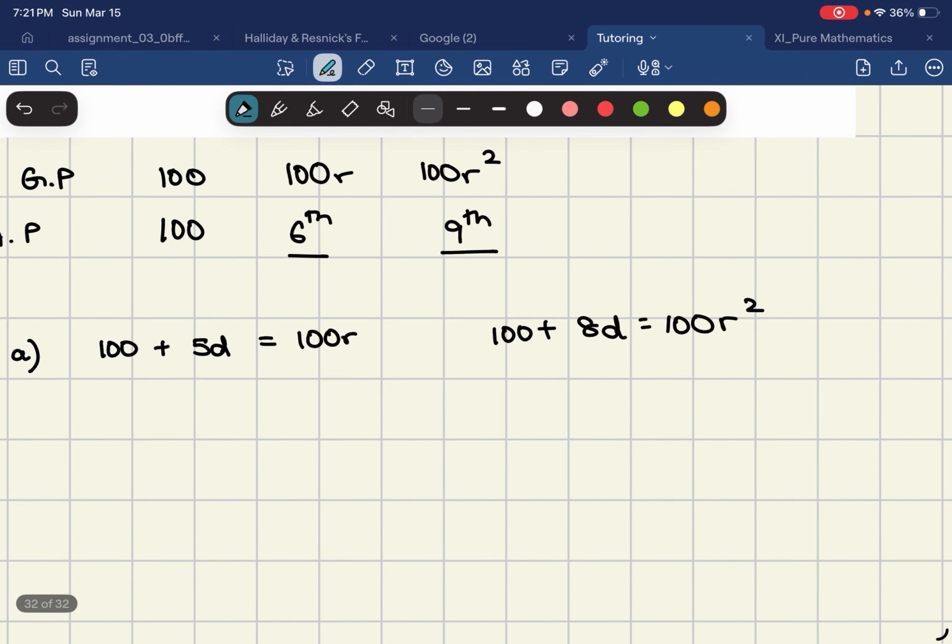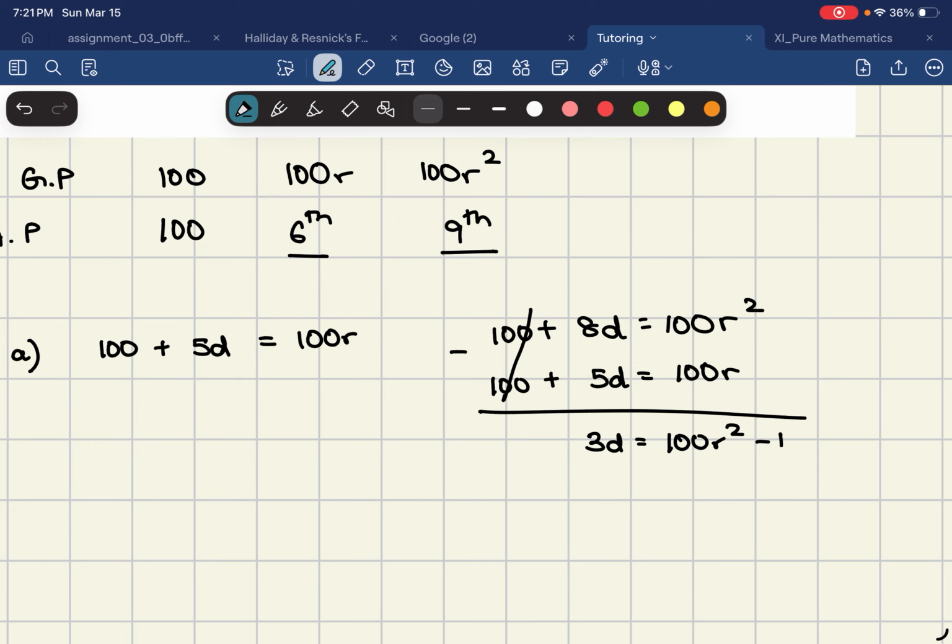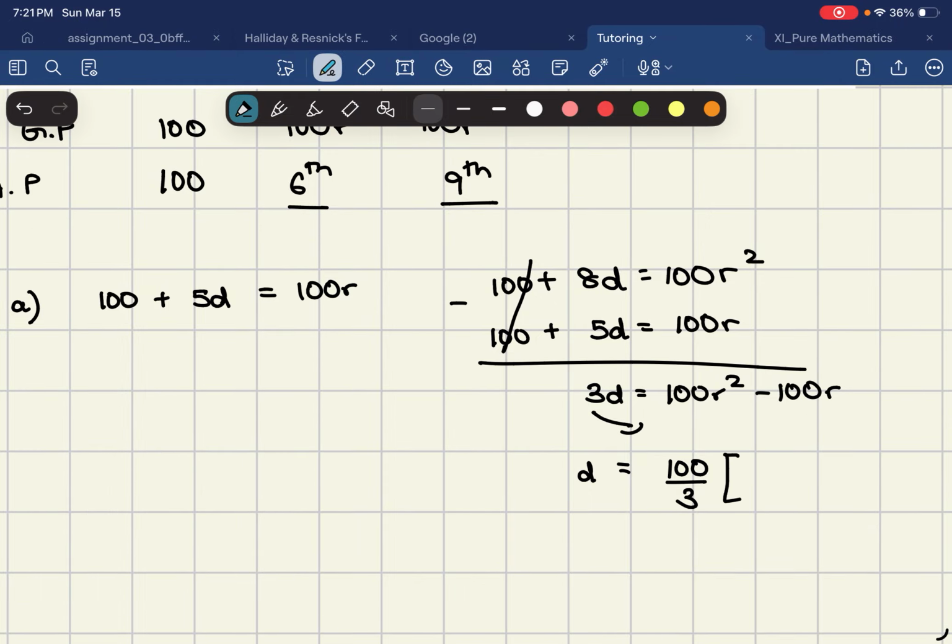So now we can do the same trick. We put the equations together and we subtract. So 100 minus 100 is 0. 8d minus 5d is 3d. And we have 100r squared minus 100r. So 3d, I know, is equal to, or d is equal to, if I factor out 100 and I divide by 3, r squared minus r.